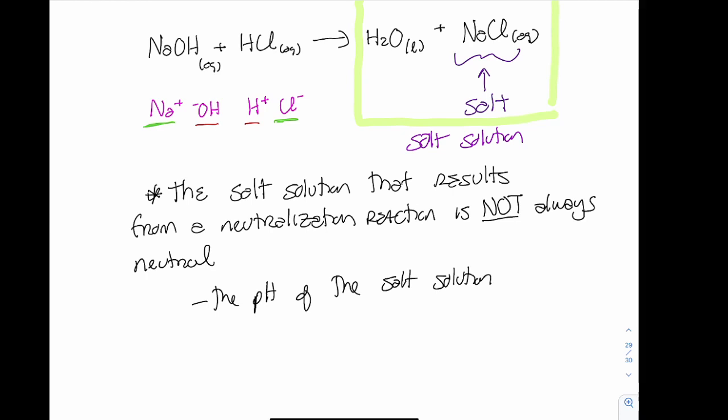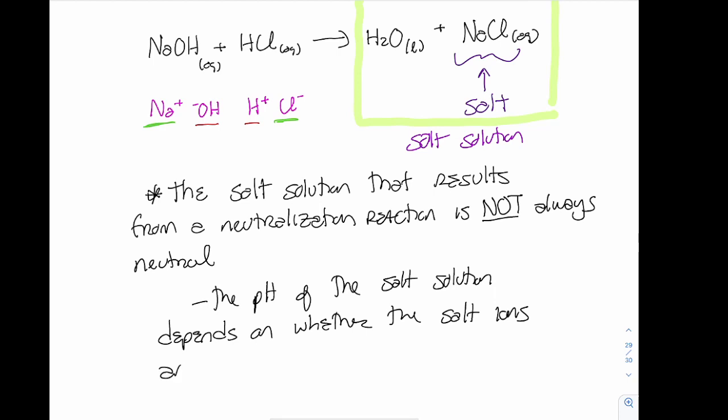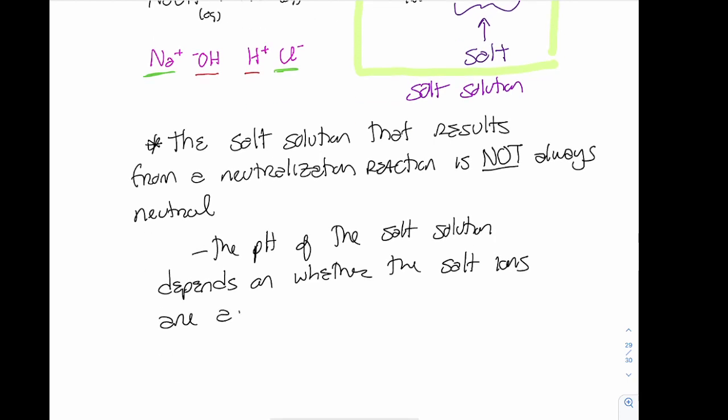So the pH of our salt solution depends on whether or not the ions in my salt, in fact, let's just say the salt ions, are acidic, basic, or neutral.